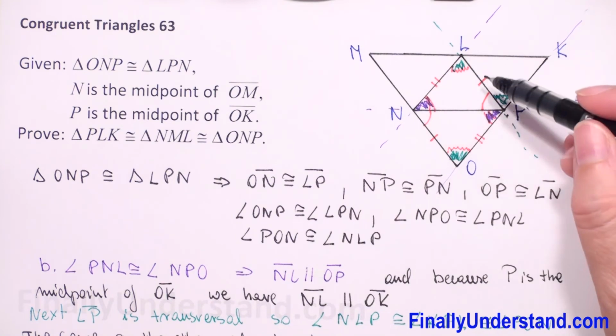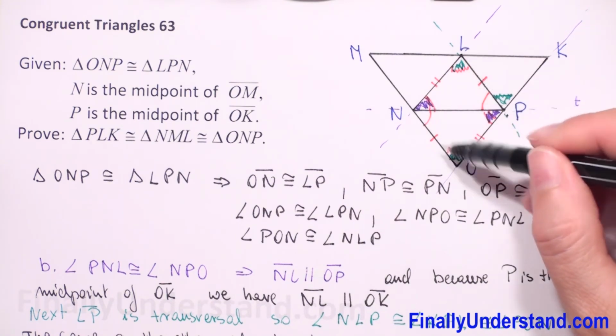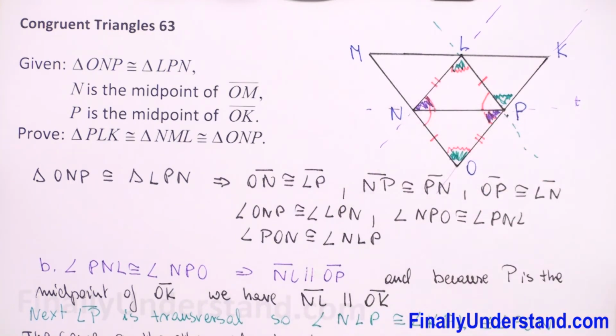It doesn't matter if we write PL or LP or OM or MO. It's still the same segment. We have that angle NLP is congruent to angle LNM.